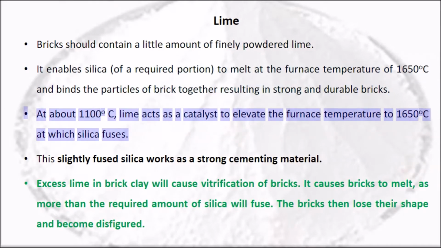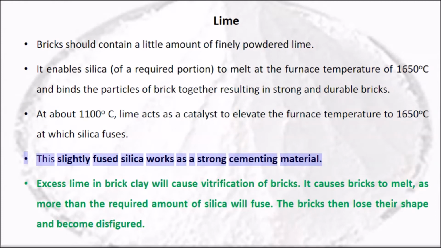At about 1100 C, lime acts as a catalyst to elevate the furnace temperature to 1650 C, at which silica fuses. This slightly fused silica works as a strong cementing material.